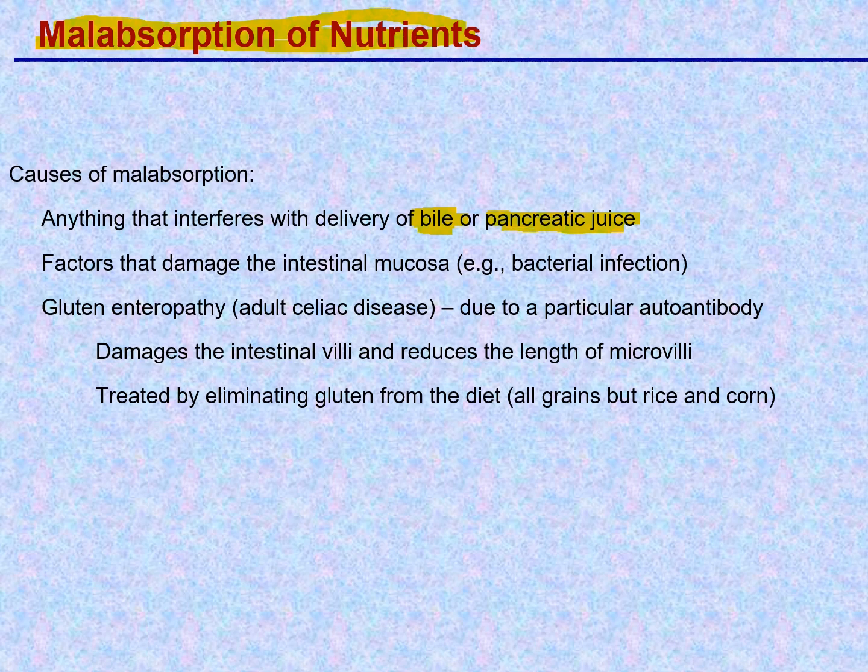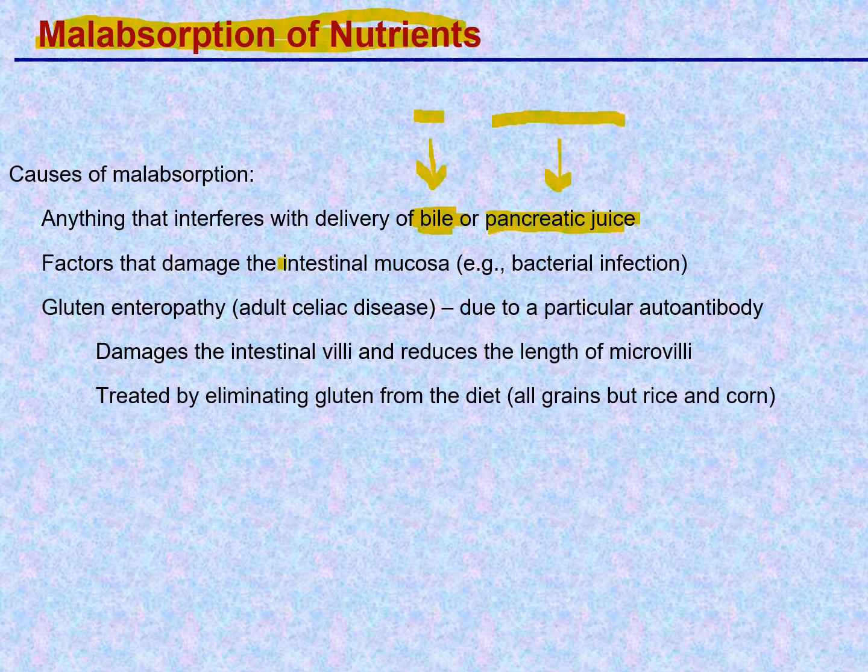We've now discussed quite a few that you need to know. So anything that interferes with that will interfere with absorption, because these molecules are key to properly processing and absorbing either fat, in the case of bile, or nucleic acids, carbohydrates, or proteins, in the case of pancreatic enzymes.